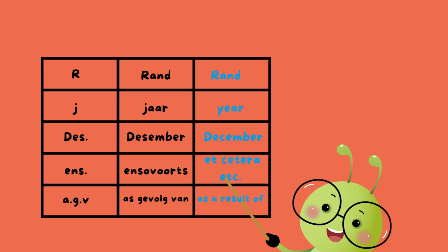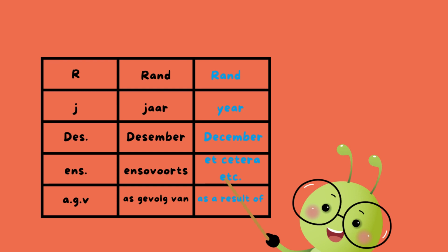Okay, next example, it's ENS. ENS stands for ensovoorts. Ensovoorts. So it's the same as the one in English where we say etc. Ensovoorts. Okay.